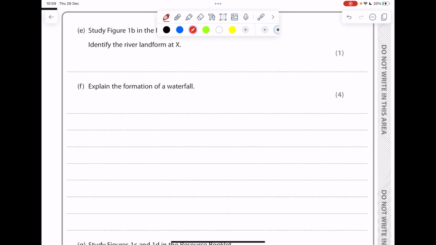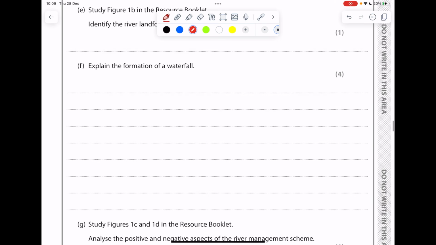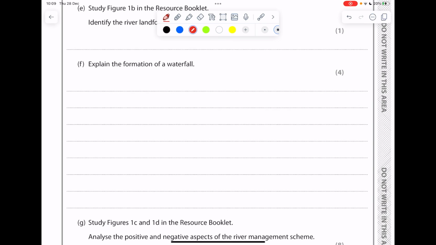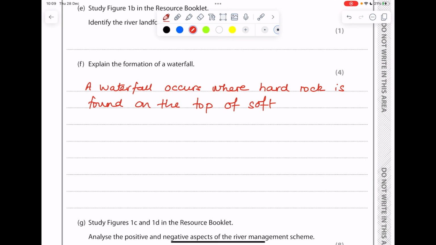Now we're being asked to explain the formation of a waterfall. Remember, a waterfall can only occur where there's a band of hard rock sitting above softer rock. Remember that softer rock will erode first.